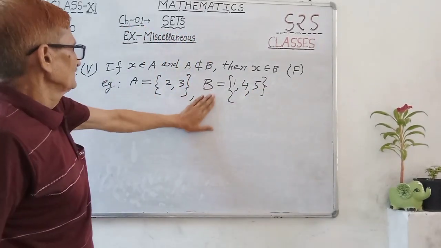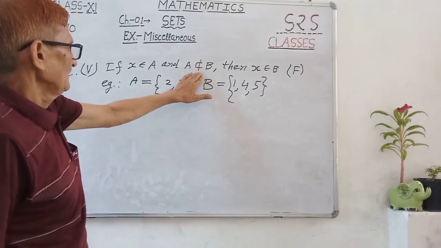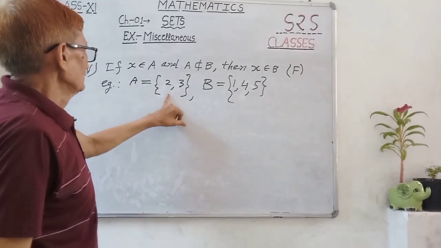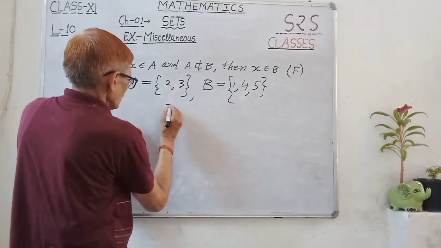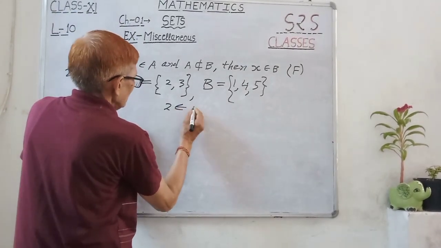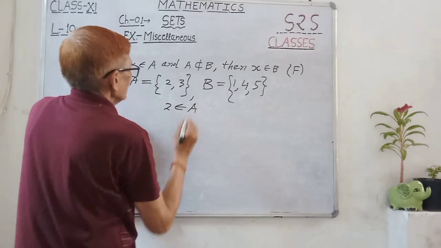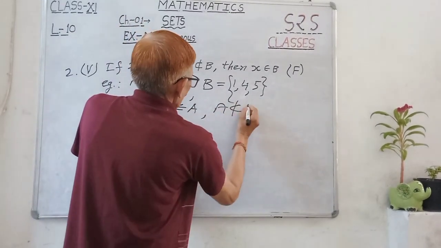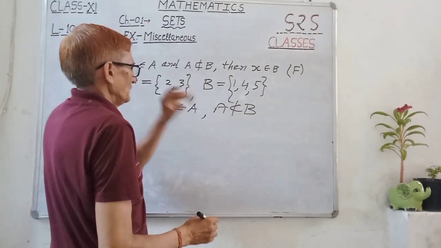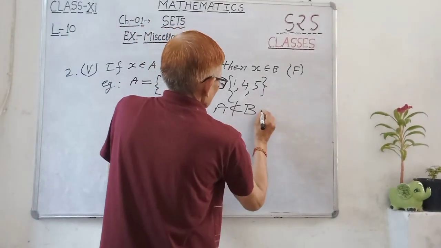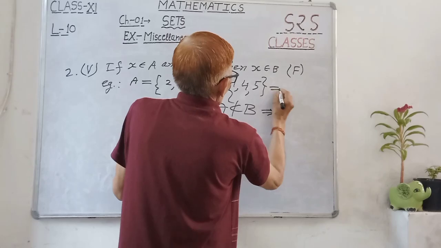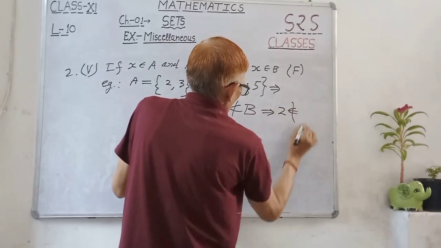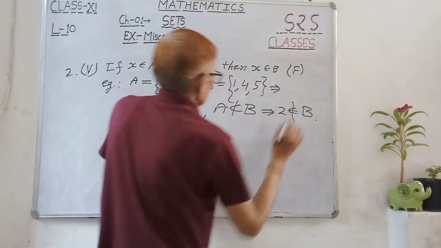A is not the subset of B. x belongs to A, let x be 2, so 2 belongs to set A, and set A is not the subset of B. Clear? Then this implies what? That x, meaning 2, does not belong to B.